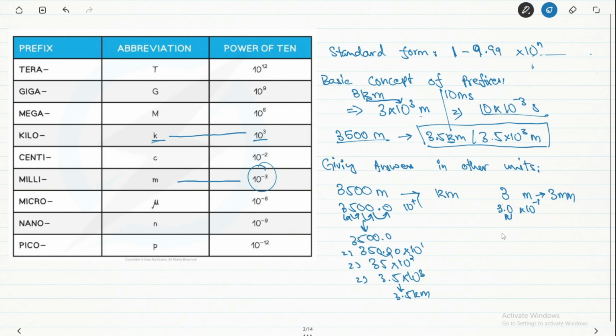So 30 times 10 negative 1, 300 times 10 negative 2, and finally 3000 times 10 negative 3, right? So this became 3000 multiplied by 10 raised to power negative 3, or 3000 millimeters, because that's the abbreviation that corresponds with the power.